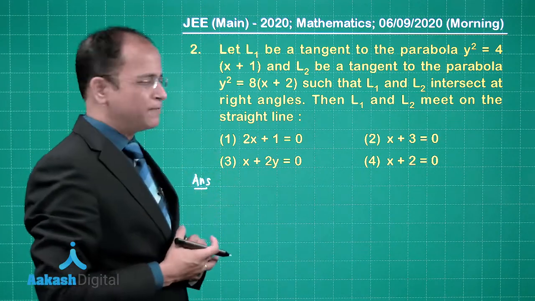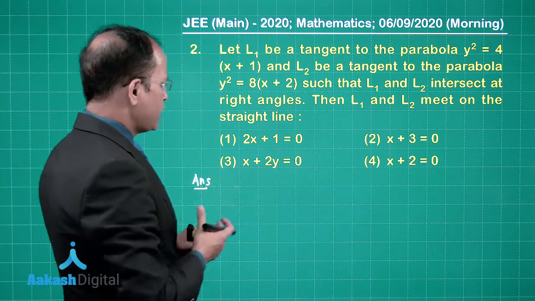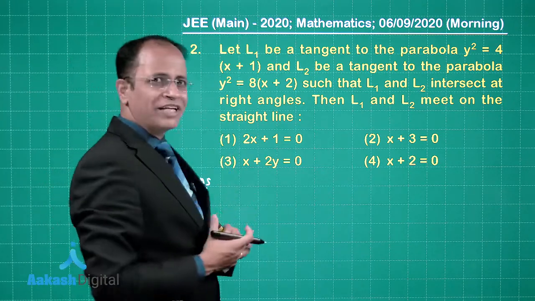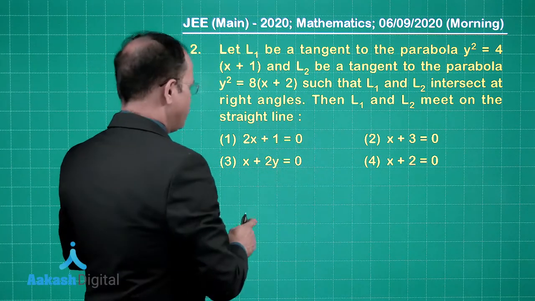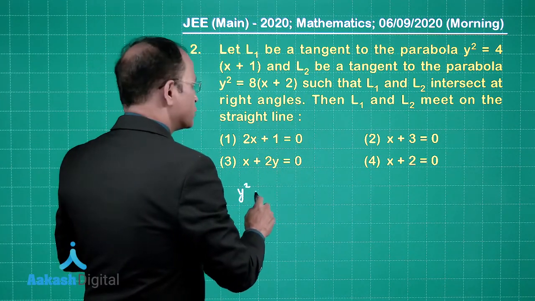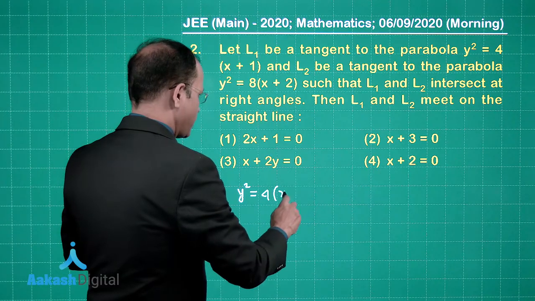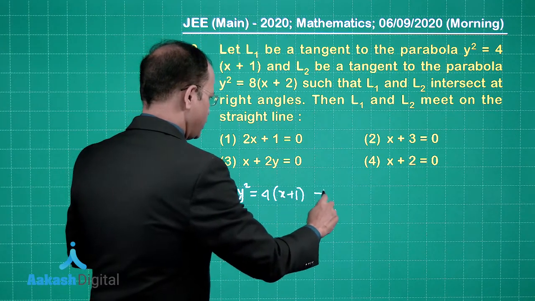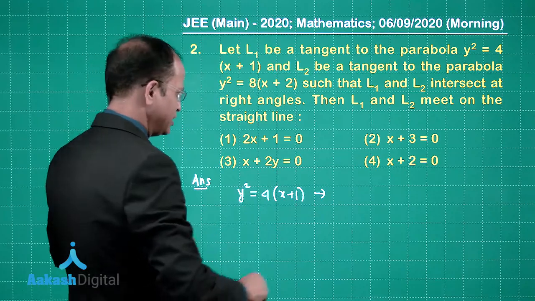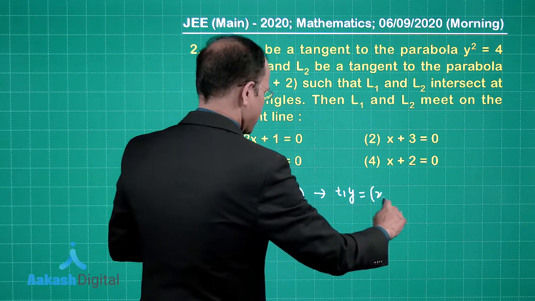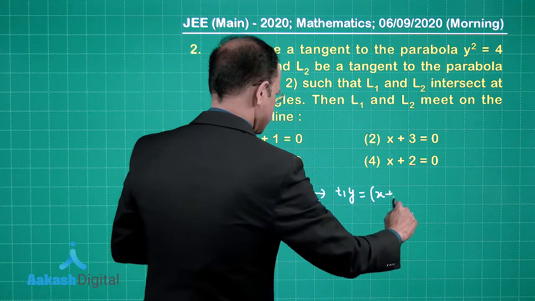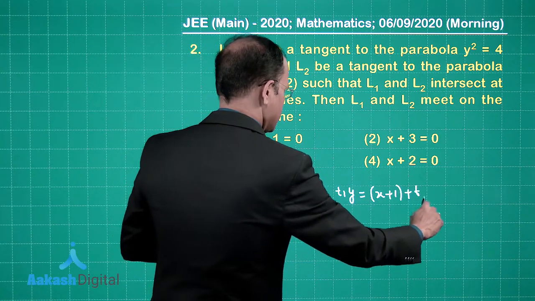concept of tangents here. When you write the equation of tangent in parametric form, for the first one, that is y square is equal to 4 times x plus 1, the equation of tangent in terms of t is t1 y is equal to x plus 1 plus t1 square.